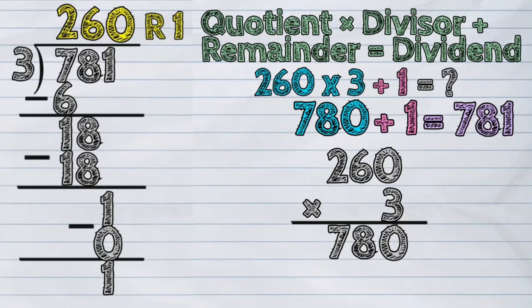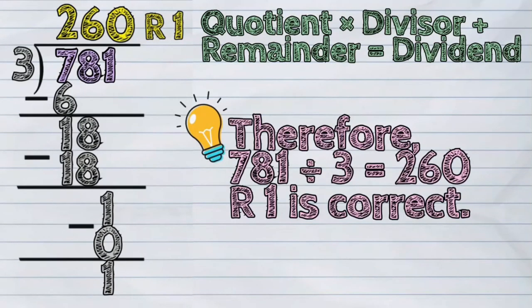Our final answer here matches our dividend, which is 781. Therefore, 781 divided by 3 equals 260 remainder 1 is correct.